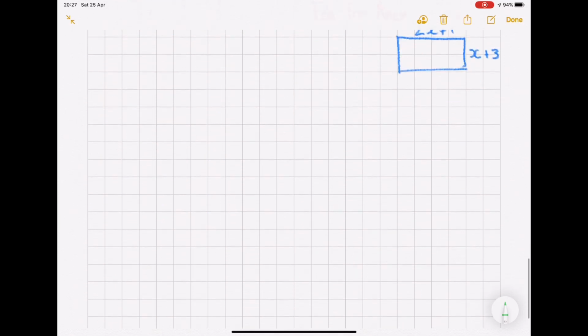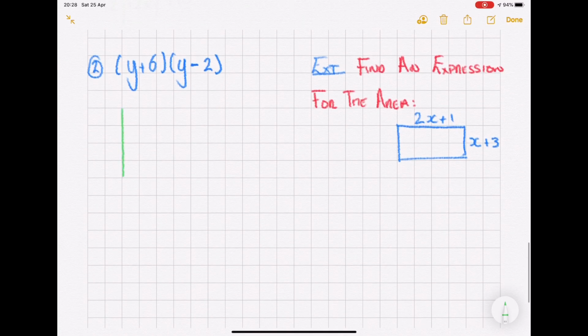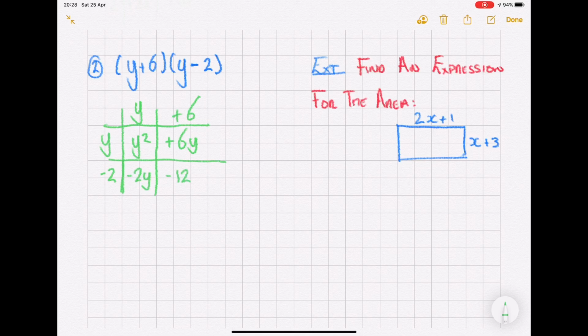Let's have a look at number 2. So let's draw out our grid. First bracket up here, so y plus 6 and y minus 2. This one's y squared plus 6y minus 2y minus 12.